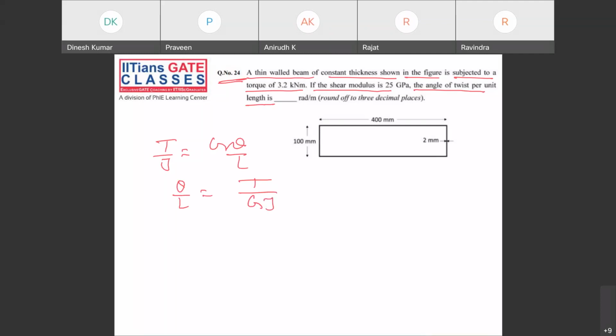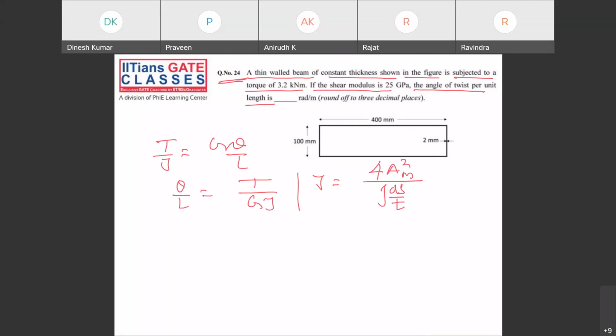Now what is J, which is important? For a closed section, it is the torsional constant, given by 4 Am squared upon integral ds by t.